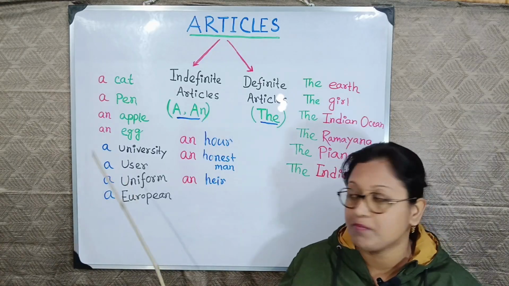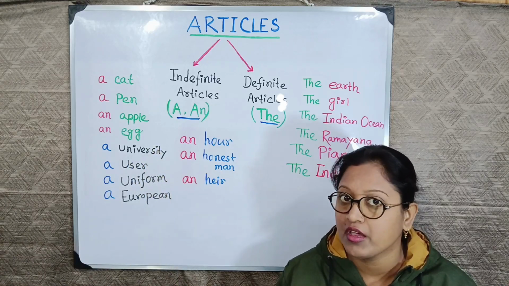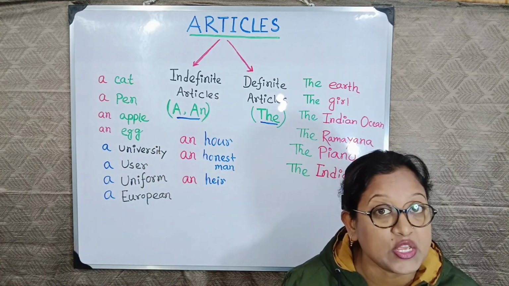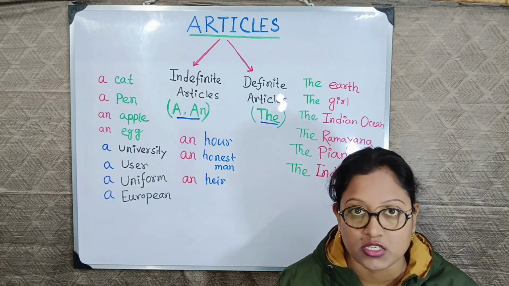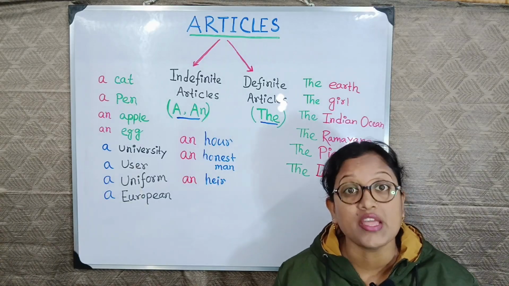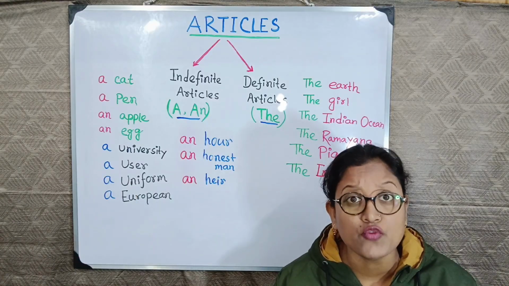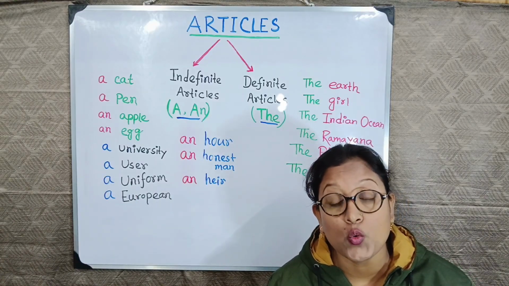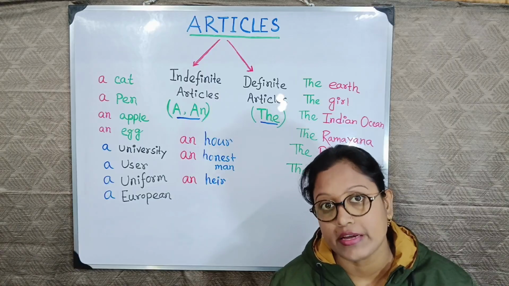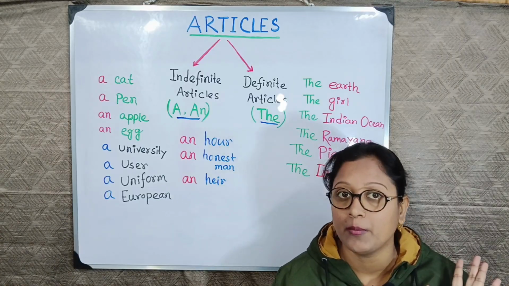Like I have given some examples. A university. See, it is creating vowel sound U, right? University. A university. Remember that. A user. A uniform. So it is creating vowel sound U. There we will use a.